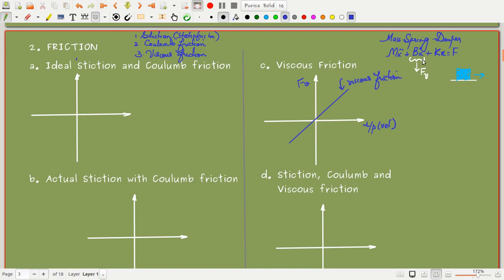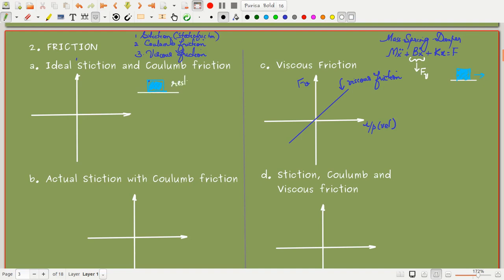This is what we had seen in a mass spring damper system. We had neglected all the other kinds of nonlinearities and said that we are only dealing with viscous friction. Now we will see what stiction is. Stiction is also called static friction. Suppose this is a mass placed on a surface, and the mass is at rest.